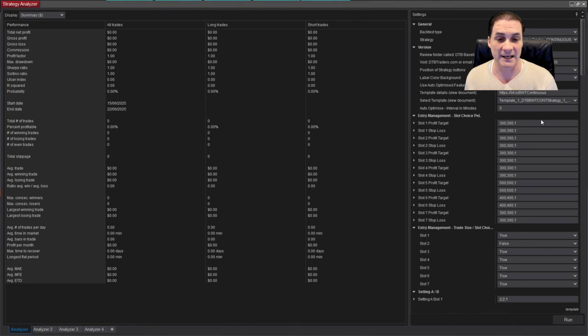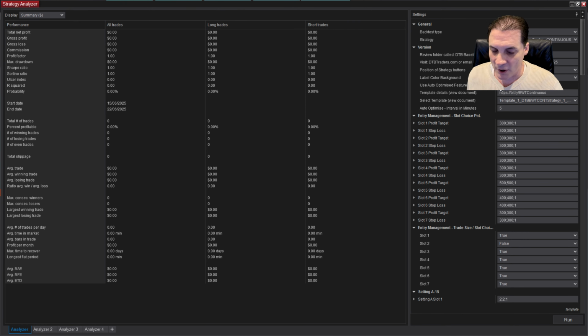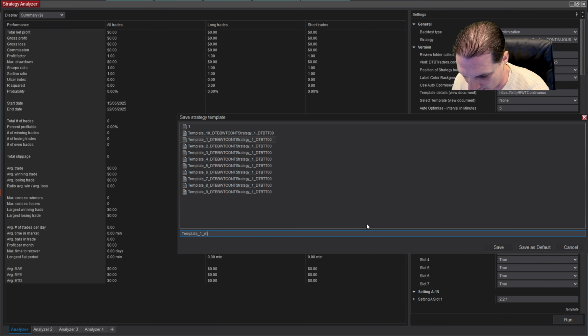If you want to go and edit that yourself and use it as a base for your own optimizations, just untick this box over here that says use auto optimize feature, and just make this as none. And then template, save this as, and then you can call it, I don't know, template 1, whatever you want to say, like that.